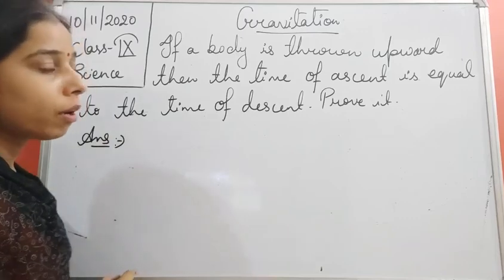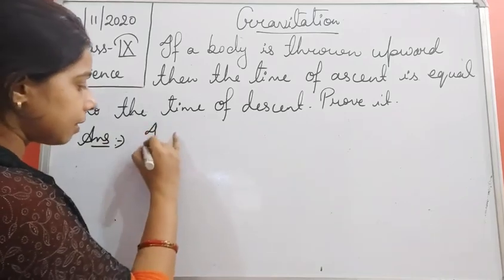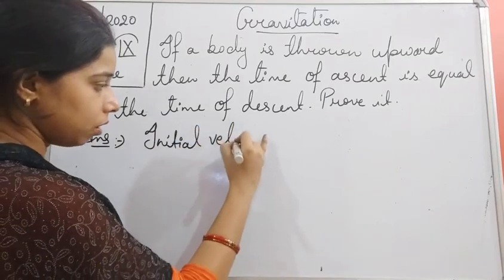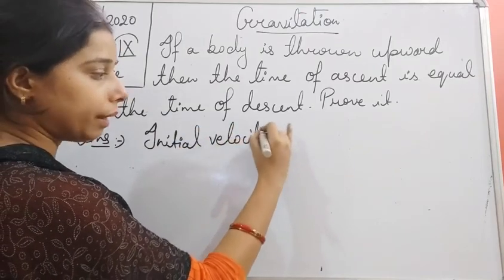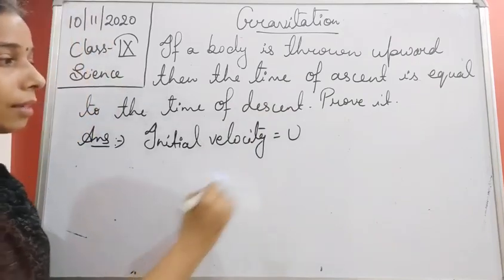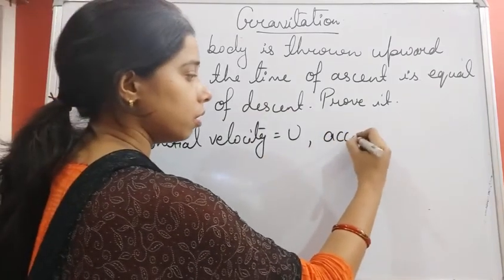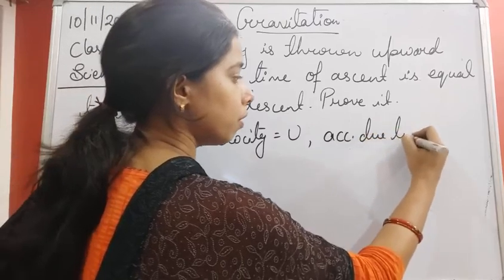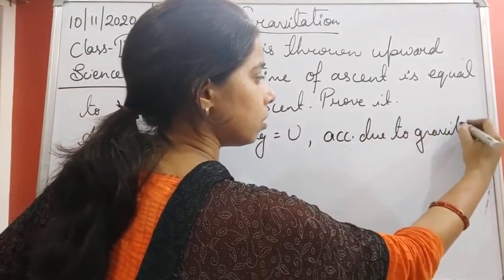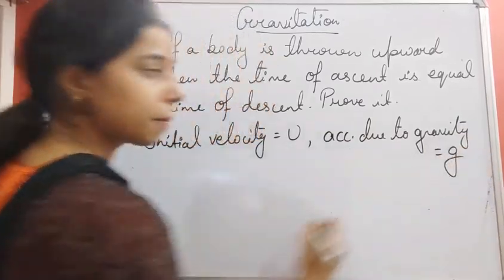So first of all, we take the initial velocity of the body to be u. The acceleration due to gravity is g.